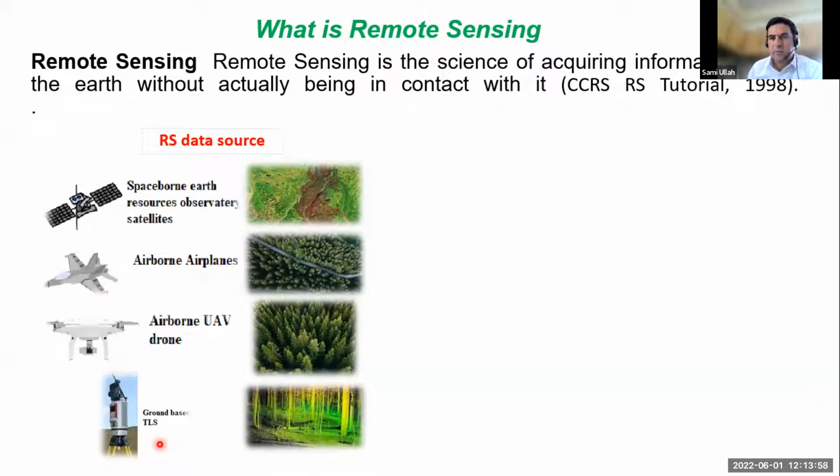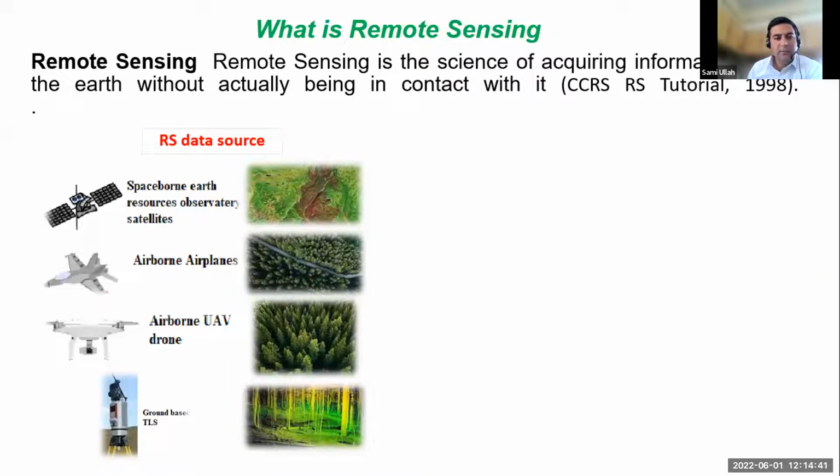For example, TLS is one example of ground-based remote sensing. It can be fixed at a specific ground location and emits its own light, which passes through the canopies of the forest or buildings, or whatever your interest is. That light comes back to the sensor present in the TLS, where it is detected, and we get different kinds of information. So remote sensing data can be divided into spaceborne, airborne, and ground-borne sensors. These are the three sources of remote sensing data.